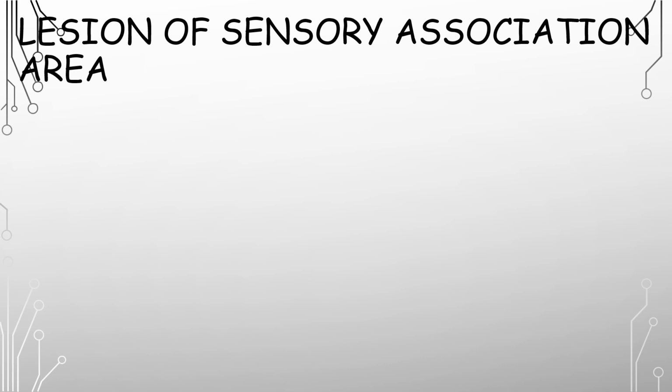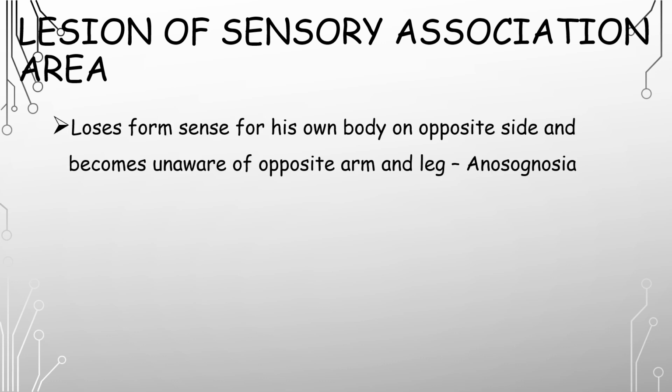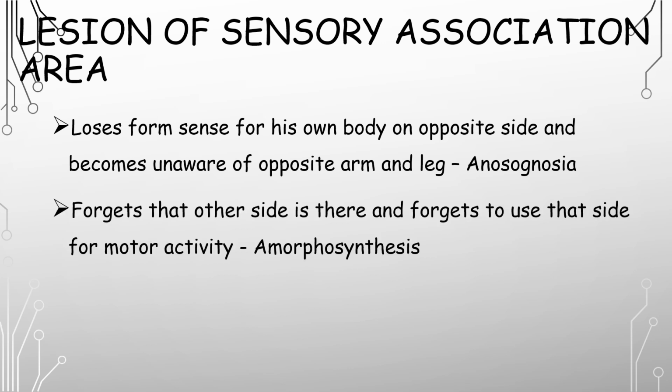Lesion of the sensory association area, anosognosia. So that is the form sense from his own body on opposite side will be lost and becomes unaware of the opposite arm and the leg. So the patient forgets that other side is there and forgets to use that side for the motor activity, which is said to be amorphosynthesis.